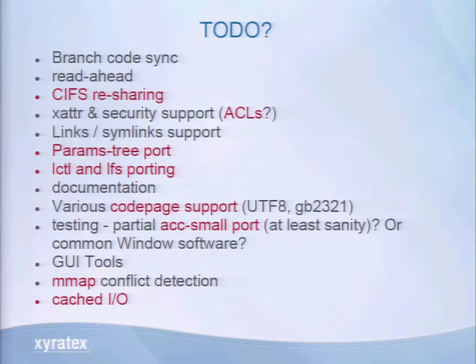So I'm not quite sure if that needs to be ported over or not, but that's one of the things that we're thinking about. Another one is the LCTL and LFS. Not sure if we really need these. I don't know if people are going to need to set stripe for their Windows applications. If we're looking for big performance, maybe they do. Maybe this could be a V2 kind of thing.